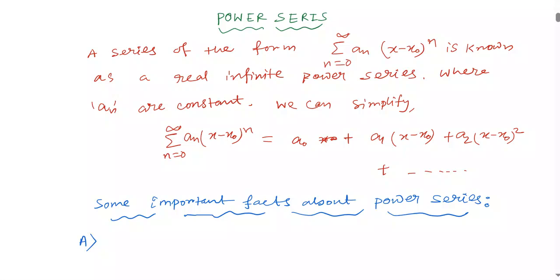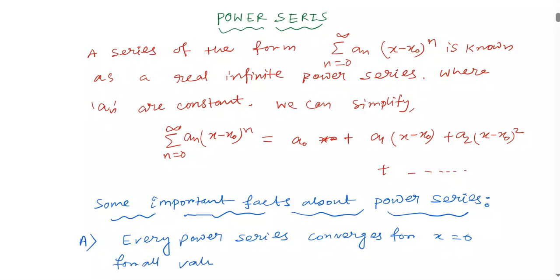First one is every power series converges for x equal to 0, for all values of the coefficient a_n.